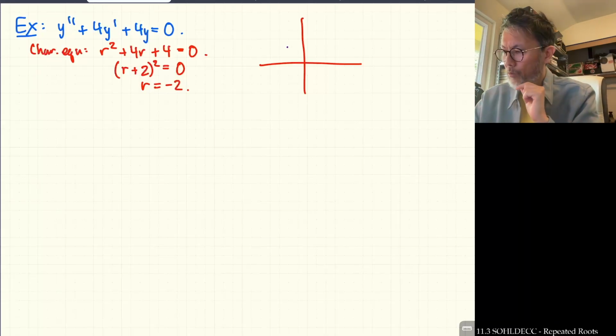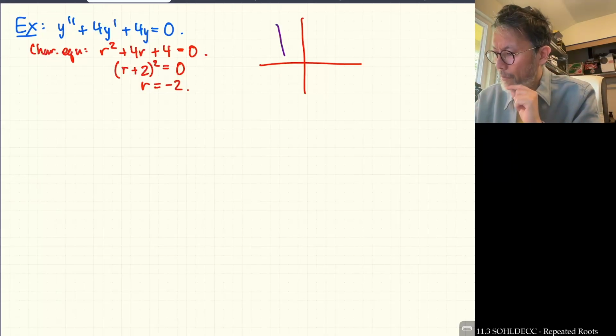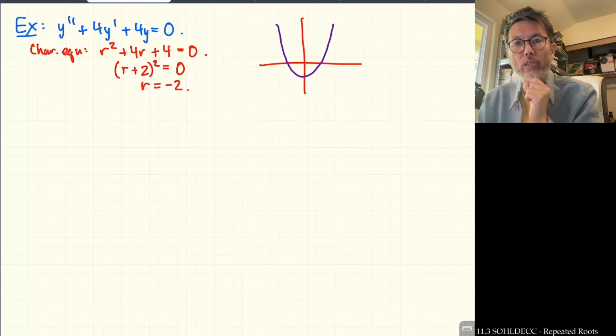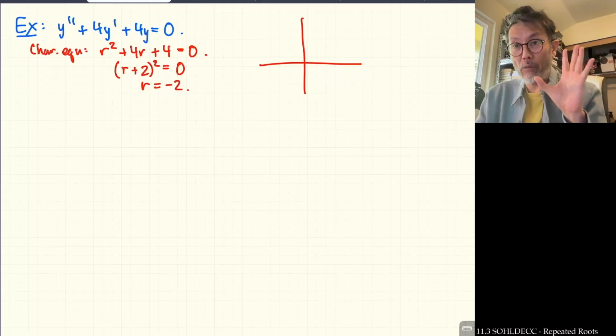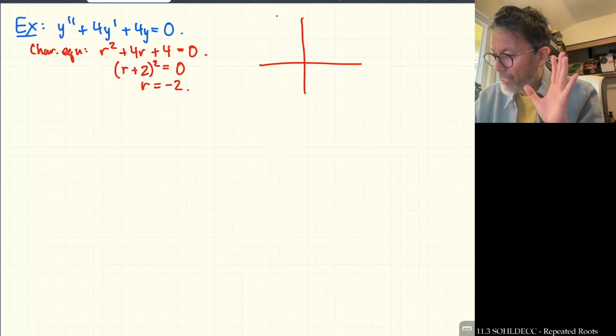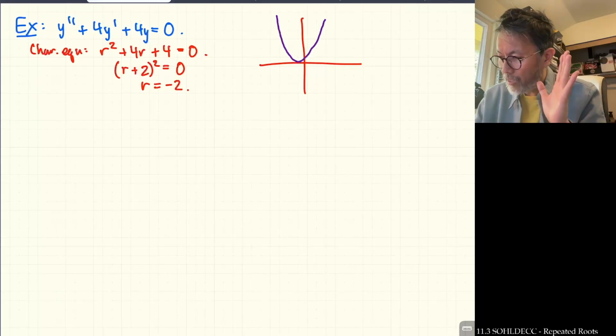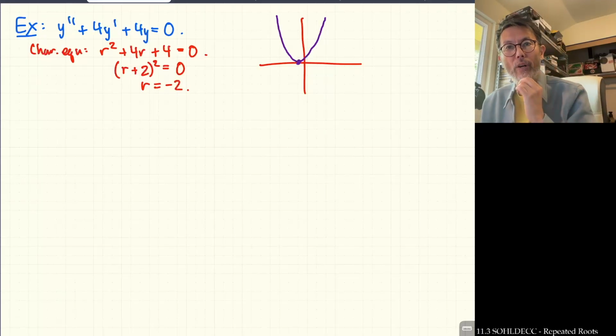So in the case where we have two real and distinct roots, we might have a parabola, if we graph the quadratic, that looks like this. We get two places where the parabola intersects the x-axis. But in rare situations the parabola comes and just kisses the x-axis at a single point.